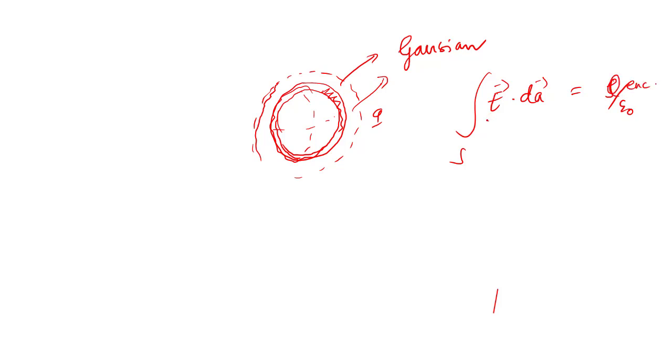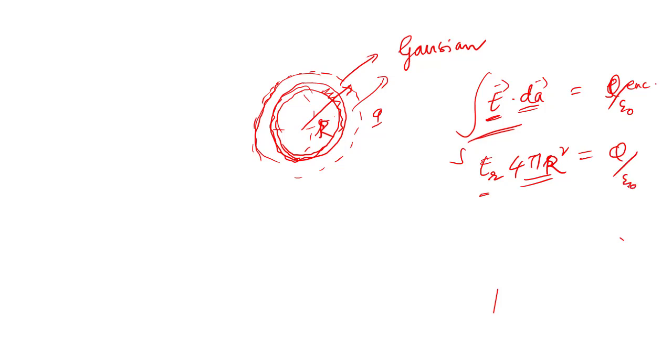Here we see that naturally there is a spherical symmetry, so we only have E along the radial direction, and the integral of dA over the sphere gives the total surface area of the sphere, 4 pi r squared. So if I have this Gaussian surface of radius r, then the integral would be E_r times 4 pi r squared, which is equal to Q by epsilon naught.